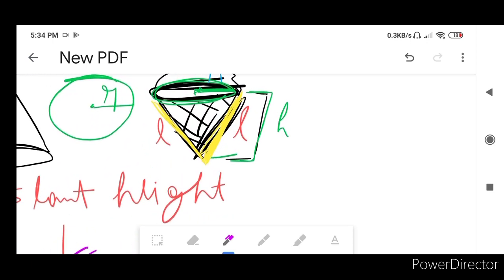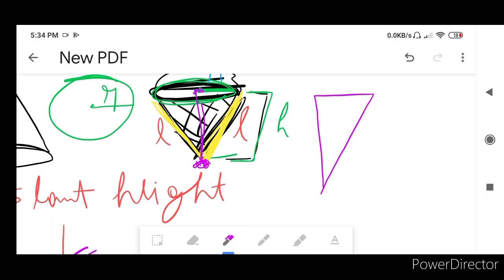Now if I try to join from the tip of the cone to the center of the cone, say our diagram is in the form of this.